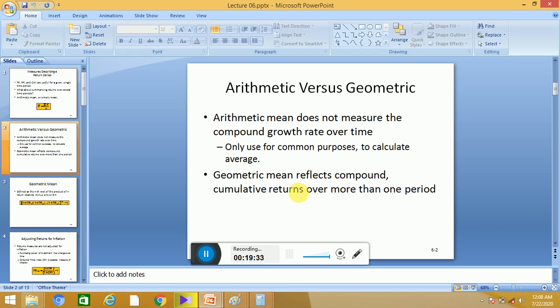In the next class, I will tell you the difference between these two, which measure is a good measure and which is not, with the help of an example, arithmetic mean or geometric mean. Here the length of the video is increasing, so in the next class we'll discuss that.